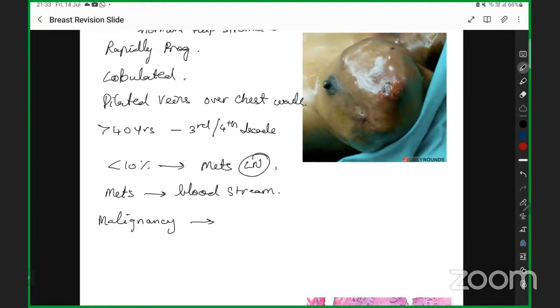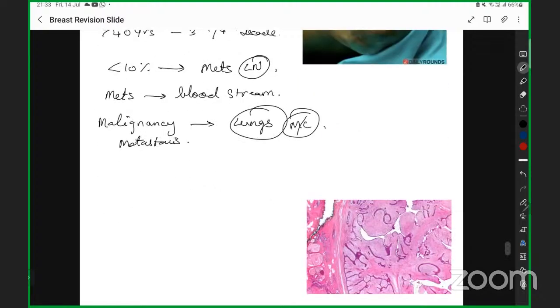If it becomes malignant, the most common site of distant metastasis is the lungs.